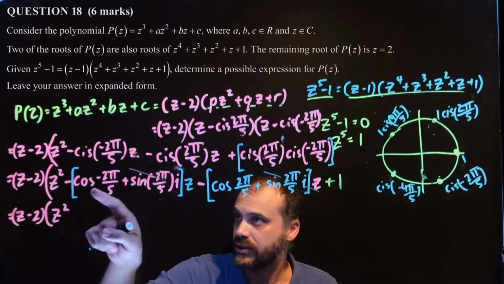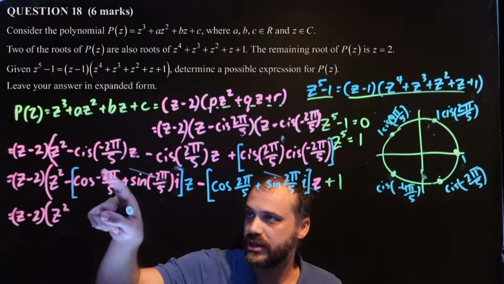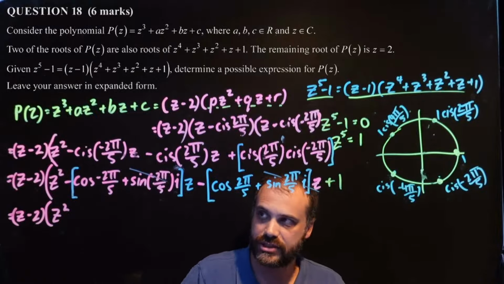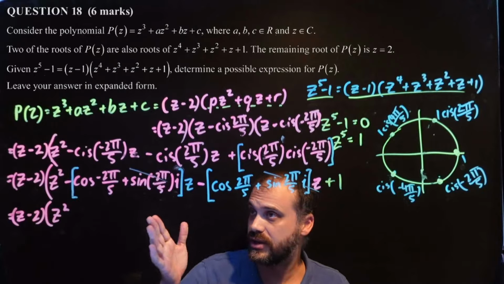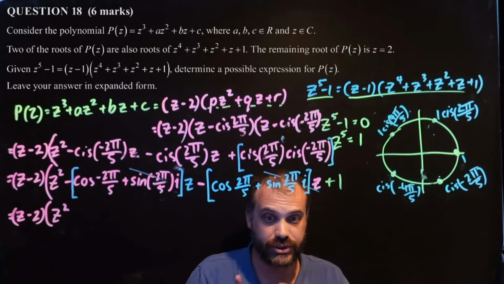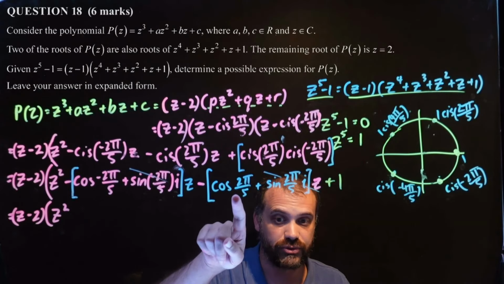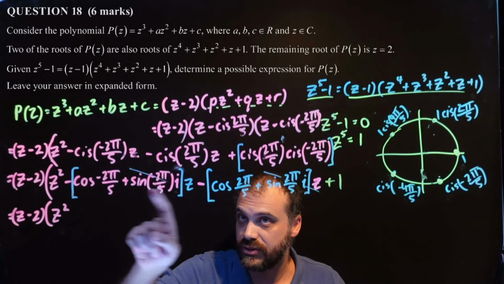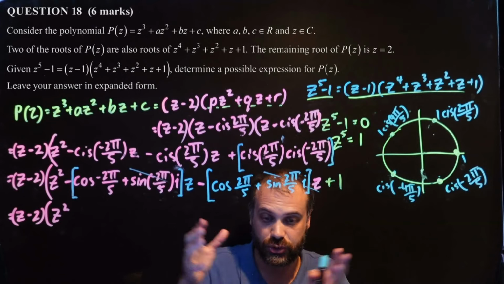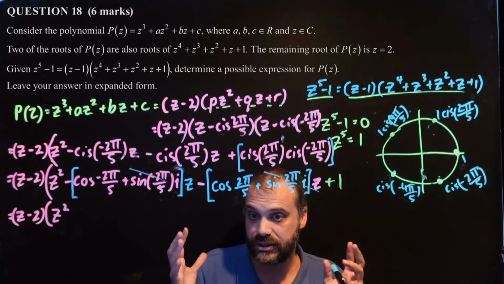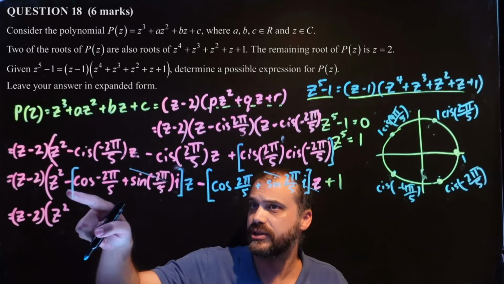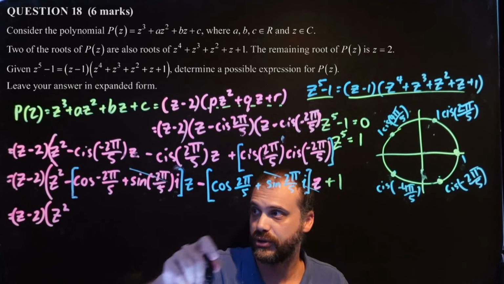But the cosines, cos negative 2 pi on 5, so that's cos in the 4th quadrant, which is a positive value. This is cos in the 1st quadrant, which is a positive value. So they are actually going to join forces, and we're going to add them together. Now, it's still negative though, right? We're subtracting them both times.